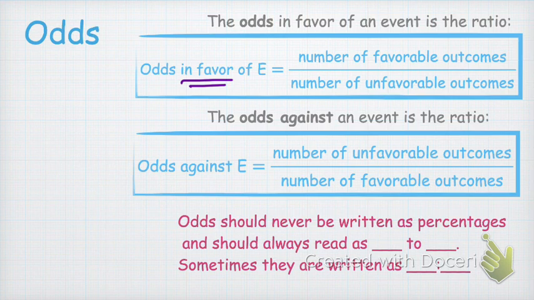That's called odds against. Odds are never written as percentages. Odds are always written as a ratio, and so they're usually read as blank to blank. So you would say the odds are 5-1 or 3-2. Sometimes that's written as a ratio with a colon instead of as a fraction.